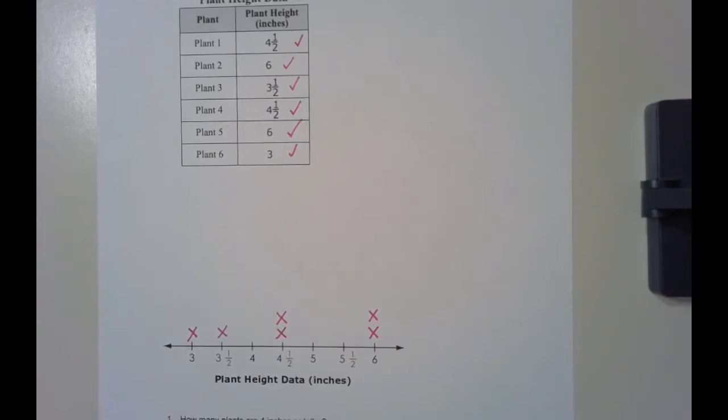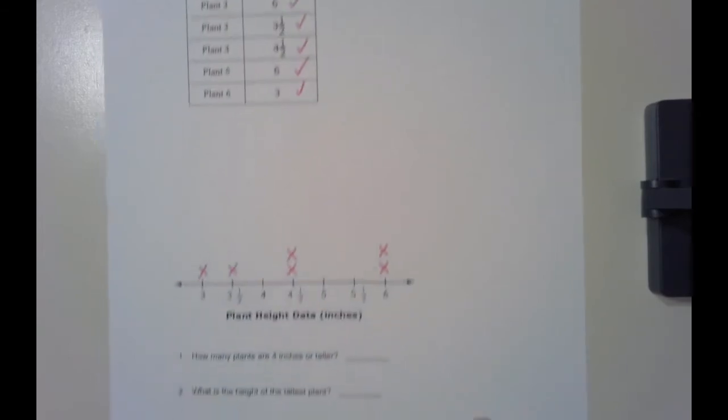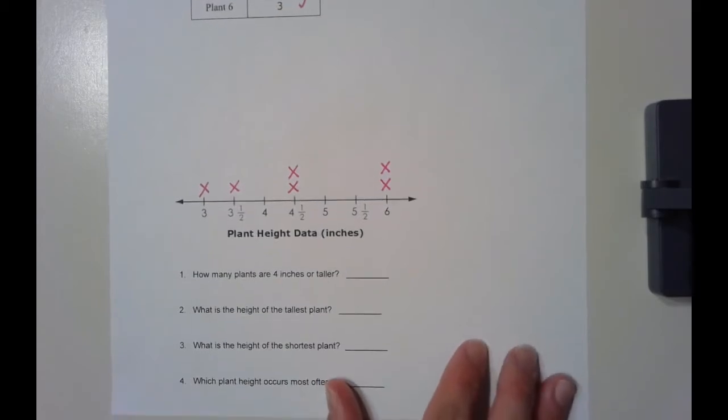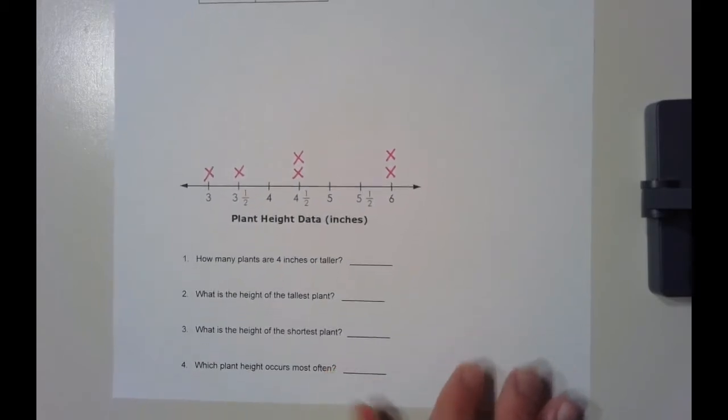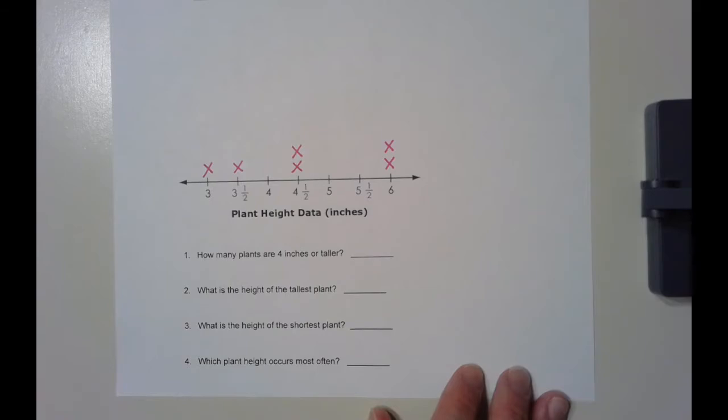Now, number your paper from 1 to 4, and we are going to answer these questions. In fact, you're going to answer them on your own. I'm going to have this sitting here. I'm going to ask you to pause the video. I'd like you to try to answer each question, and then you're going to check your work against mine in a moment.